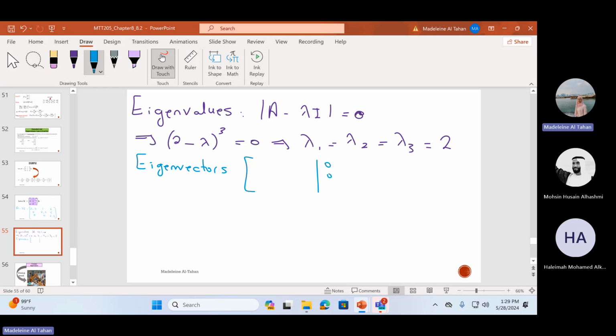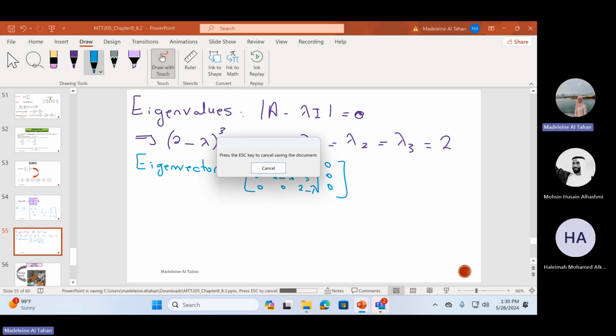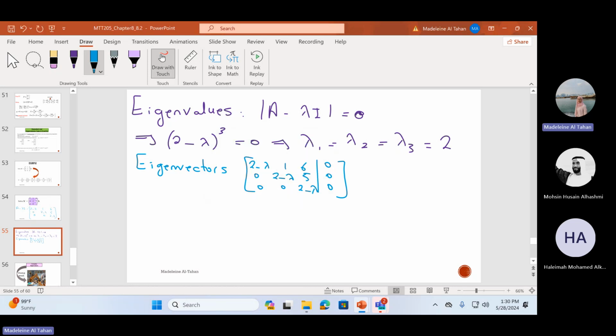The eigenvector is not zero, it is a nonzero vector. And we need to substitute lambda equal to 2. Okay, substitute, solve it, and find all independent eigenvectors.